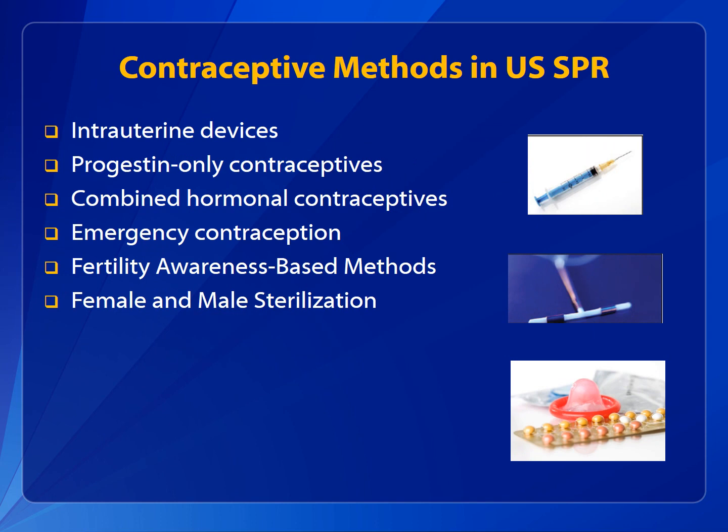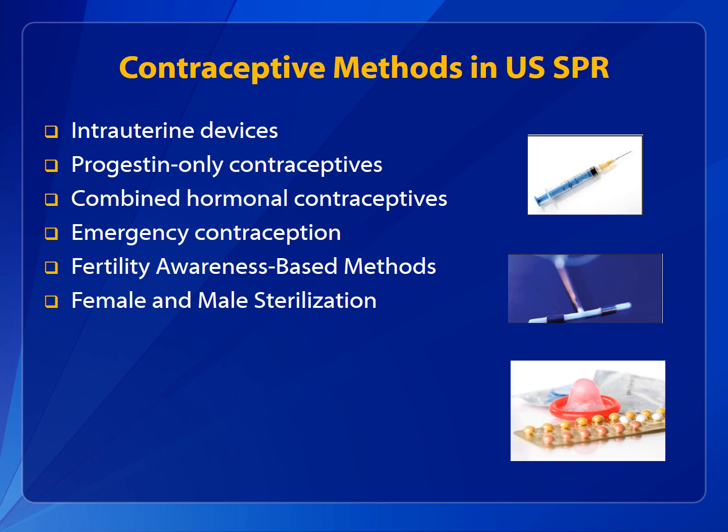The U.S. SPR contains recommendations regarding the range of contraceptive methods that are listed below. Intrauterine devices, including copper and levonorgestrel IUDs. Progestin-only contraceptives, which include progestin-only pills, depo-medroxyprogesterone acetate injections, and etonogestrel implants.